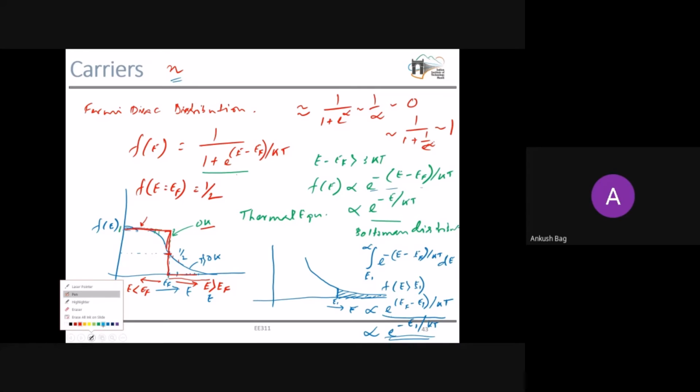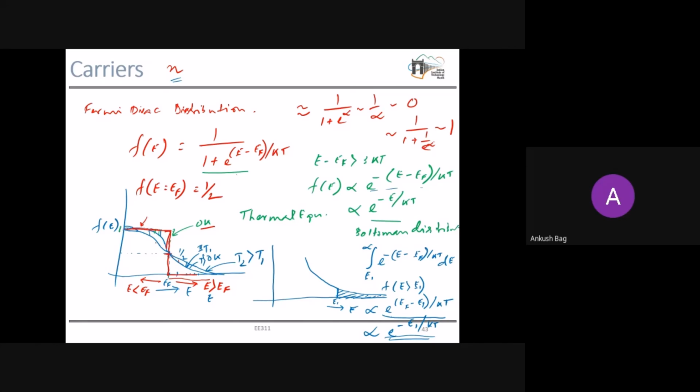If we take a higher temperature, let's say this is at T1, and we try to understand this distribution at T2, sorry for my handwriting, at larger temperature the distribution will slowly move up here and move down there. Remember, in the next class we'll see that the extension above EF will decide the number of electrons, and the gap below EF will decide the number of holes in the valence band.